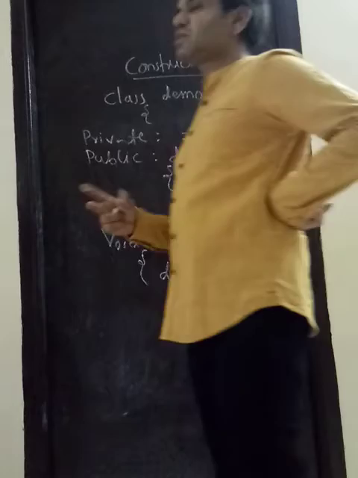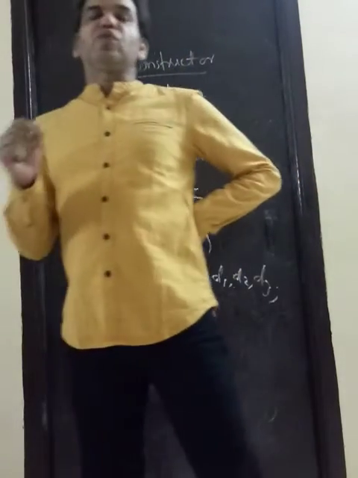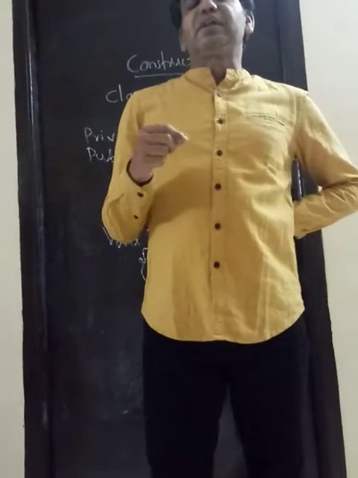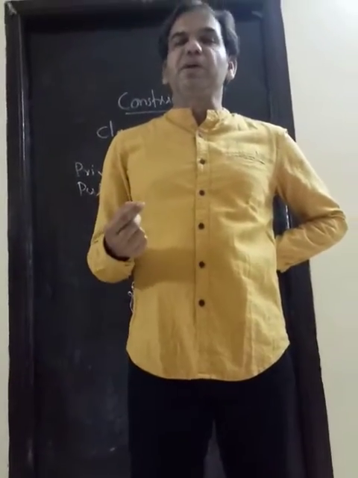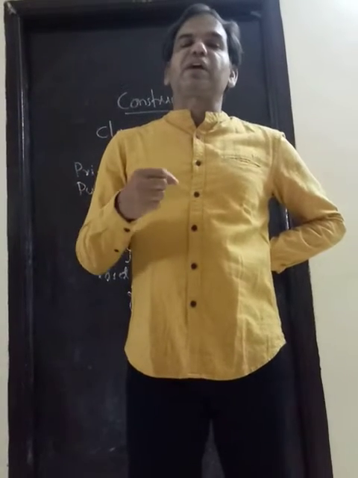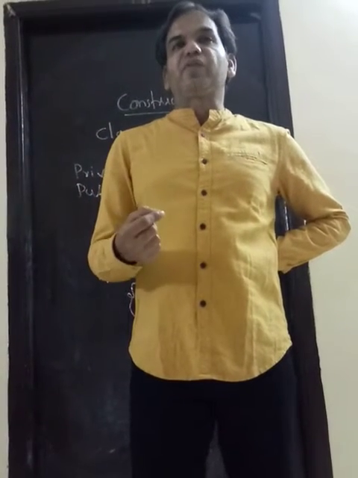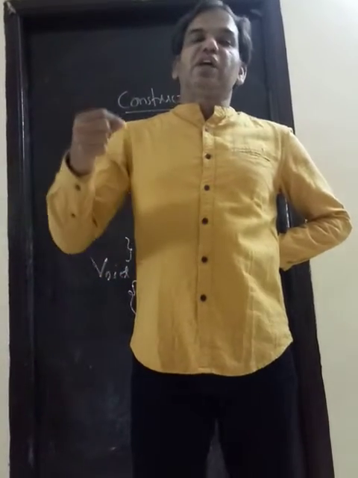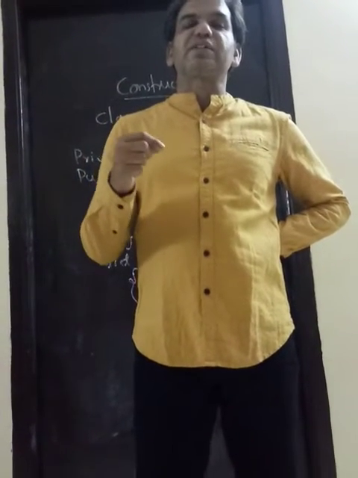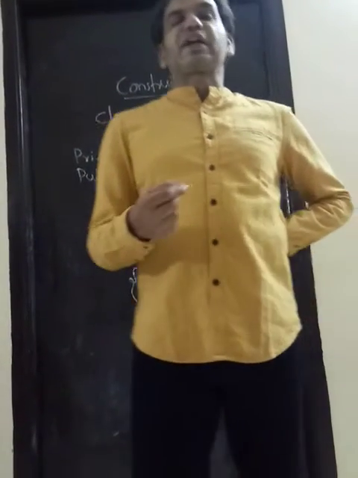So the overall theme is that a constructor is also a member function like an ordinary member function in C++. Then what is the difference? Why is a member function called a constructor? Because if a member function name is similar to the class name, that member function is called a constructor. Second point, a constructor does not have any return type.